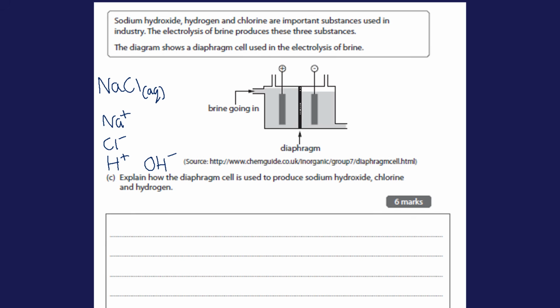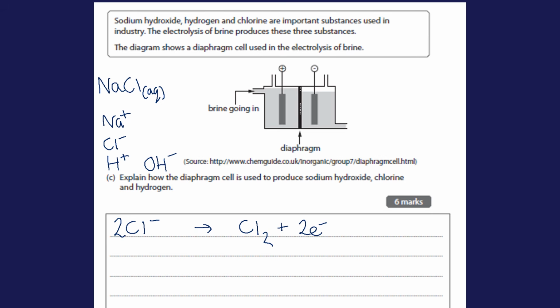So what's going to happen is, at the positive electrode, which is the anode, chloride ions will be attracted to it and form chlorine gas. Now, this half equation looked like this, if we remember. So I'm going to put a sentence above.